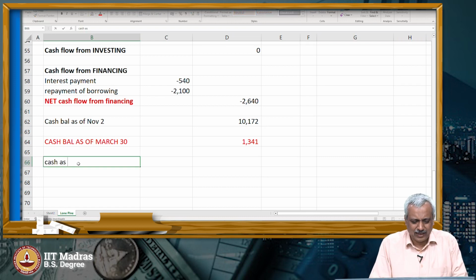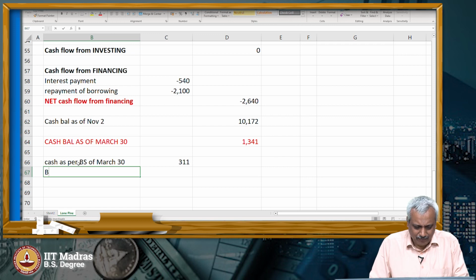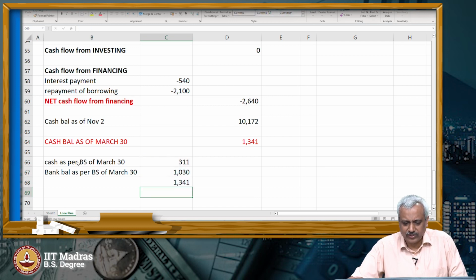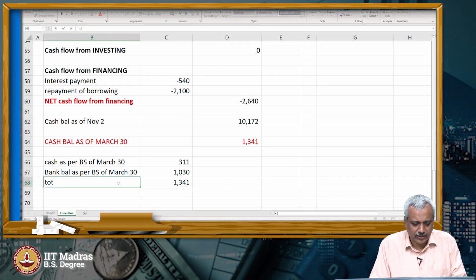Cash as per the balance sheet of March 30th is 311. Bank balance as per the balance sheet of March 30th was 1030 and the total is exactly 1341 and that is what you would basically see.